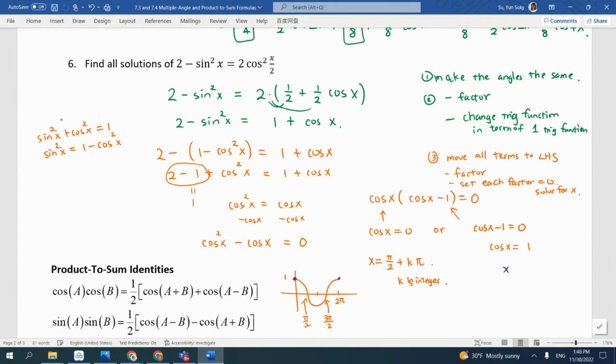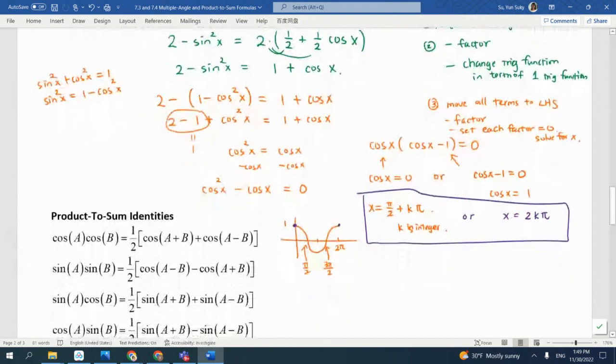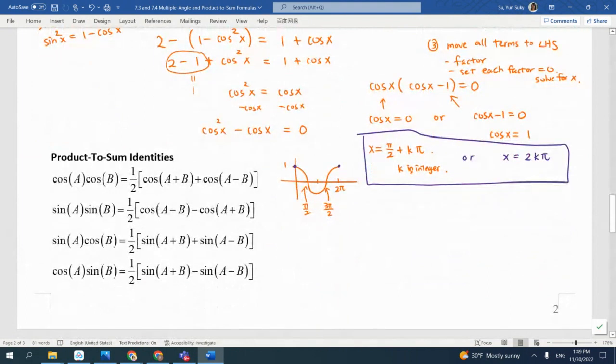Therefore, x is 2k pi. Are you okay with that? It's 0 plus multiples of 2 pi, so that's why 2k pi, where k is an integer. So therefore, our solutions are these. So far, so good, everybody? Okay, good. So that is the double angle formula.